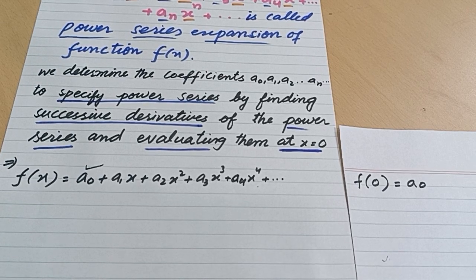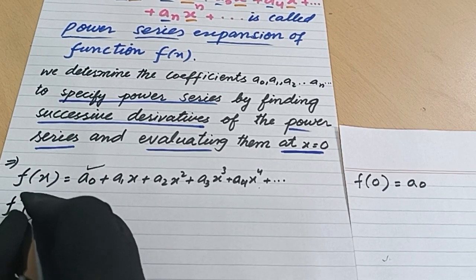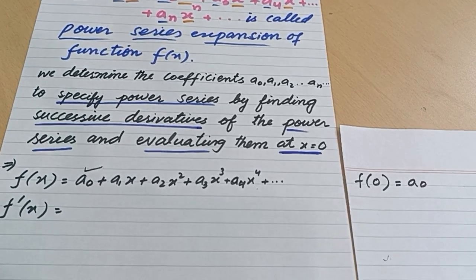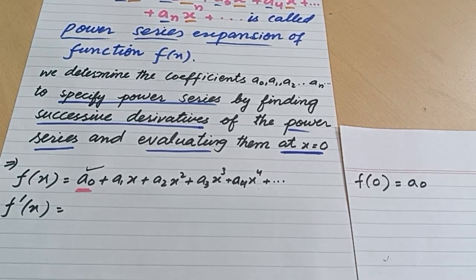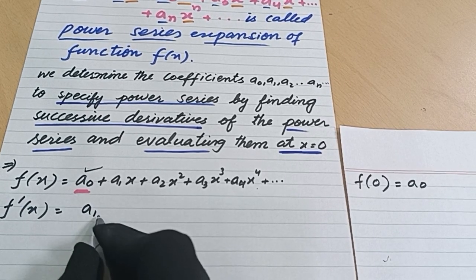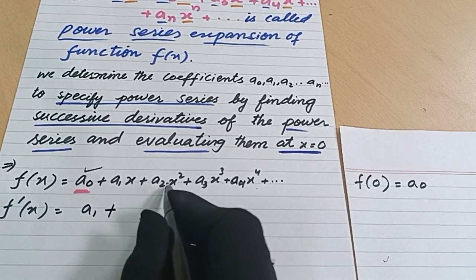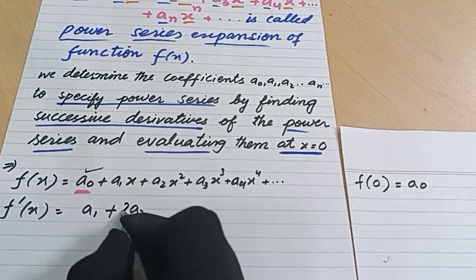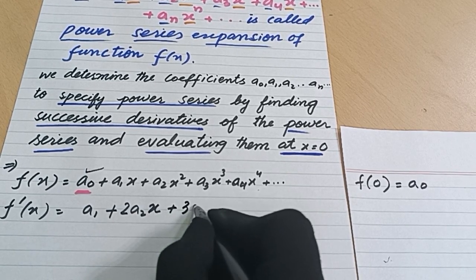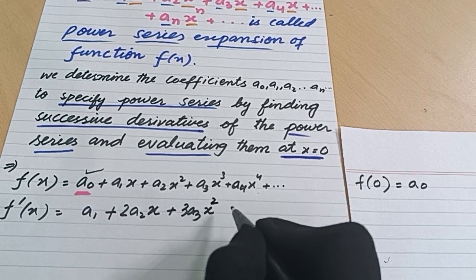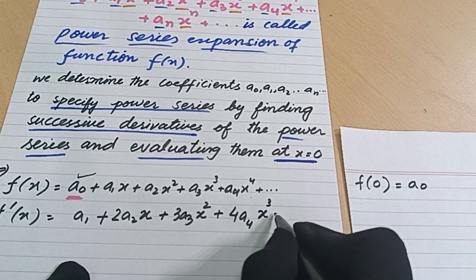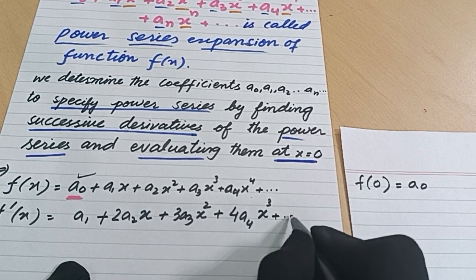Now I will take the first derivative of this function. The constant term will be finished because its derivative is 0. The derivative will start from a1, and the derivative of x will be 1, so I am not going to write that, plus 2a2 x, with the power written in the start, plus 3a3 x squared, power reduced by 1, plus 4a4 x cubed, and so on.